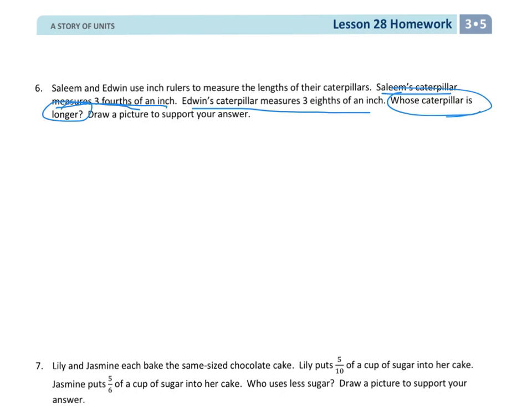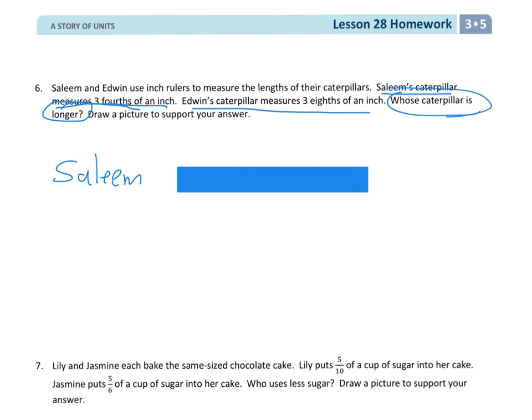And the first one I'll draw is Salim. And I'm going to make sure that I do equal diagrams for this. So there's my whole amount, which is equivalent to 1 inch.